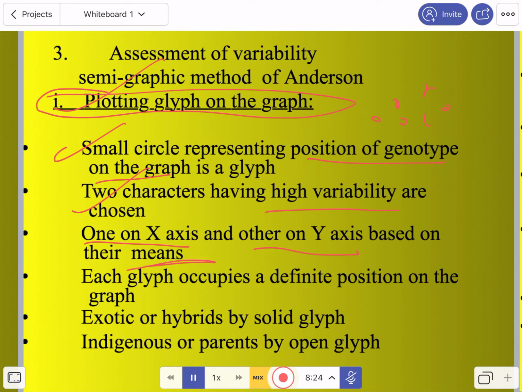Here the mean values play an important role. Each glyph occupies a definite position on the graph. Based on the glyph, lines are divided into different types. The solid glyph represents the exotic or hybrid type, while the open glyph represents the parents or indigenous line.